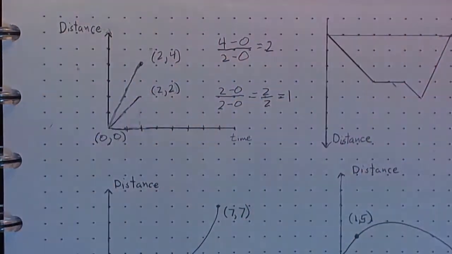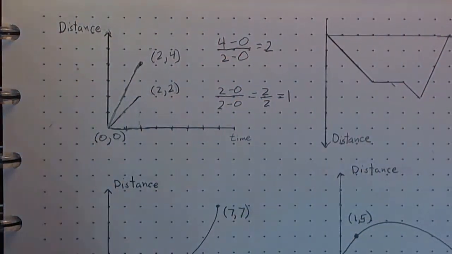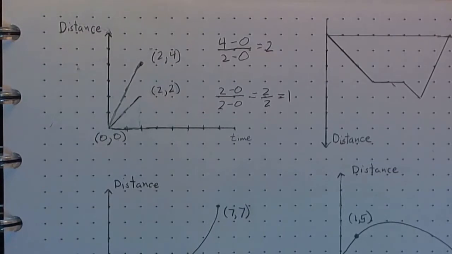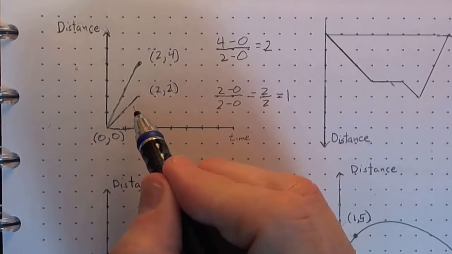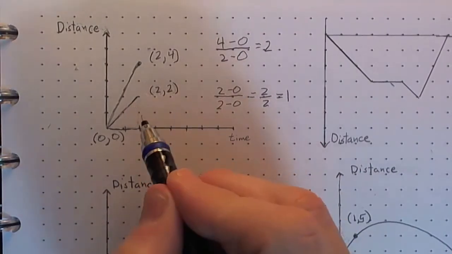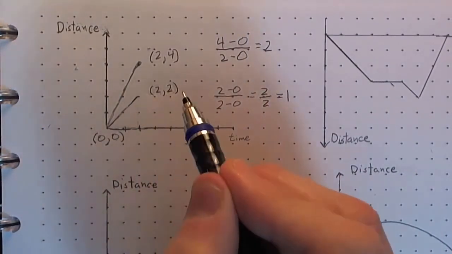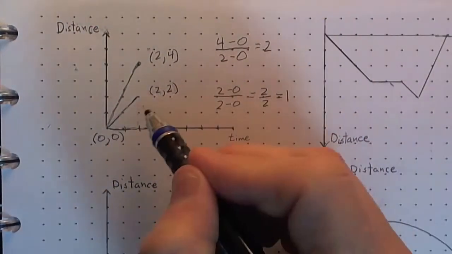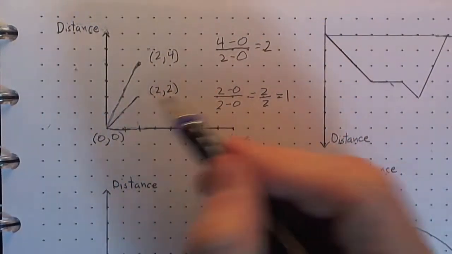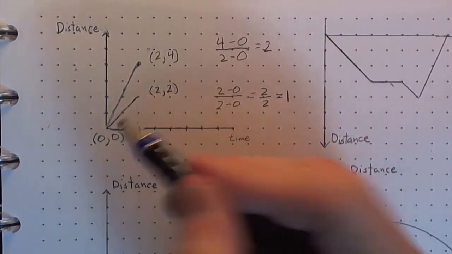So we get 2 miles an hour. Here's my point. What we're doing is calculating slope, but you could also think about it as the rate of change, the rate at which your distance is changing. So the slope, in this case, is the rate of change of distance, which is velocity.